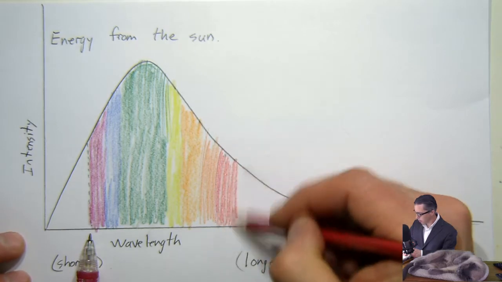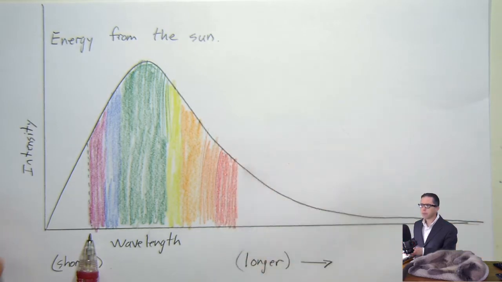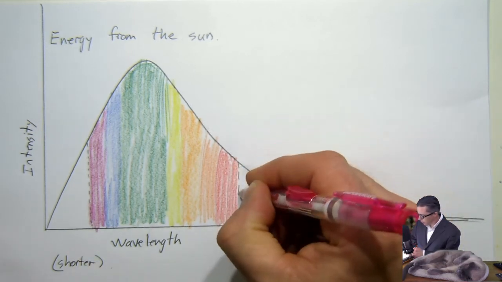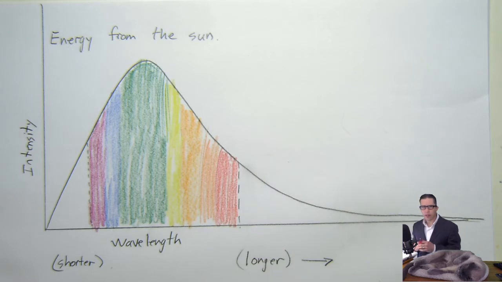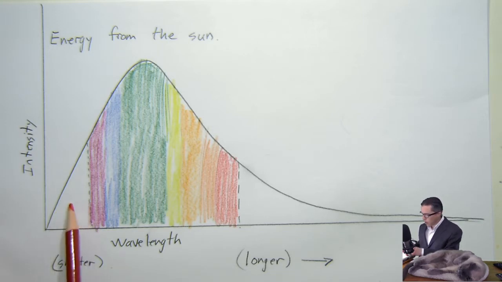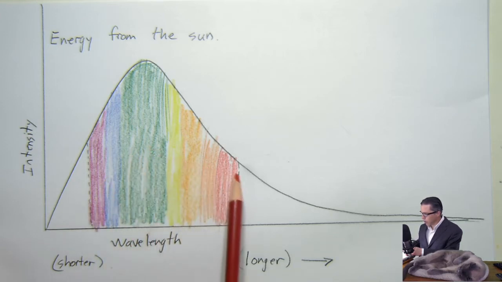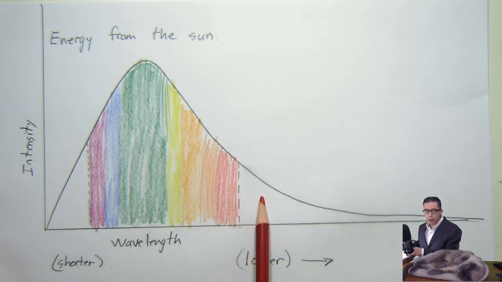Something like this. I'm going to put another little dashed line right there. Roughly, and this is really rough, the idea is that over here we've got waves that are too short to see. Then we get into violet, then the blues, greens, and as the waves get longer and longer, we eventually see that as red, and eventually they are too long to see.